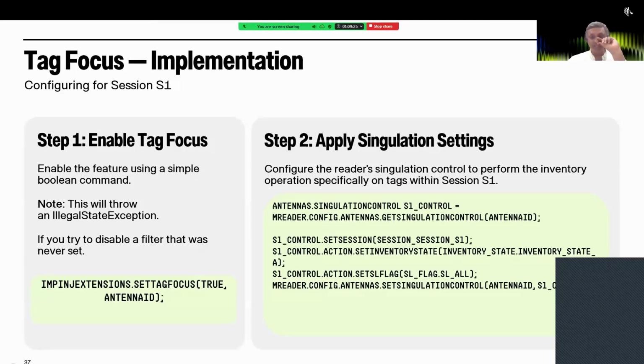Please note this is within the session S1, right? Then you configure the session for S1, the state to A and SL all, right? So this would achieve the unique tag reads, or removes the duplicate tag reads, with this particular configuration.